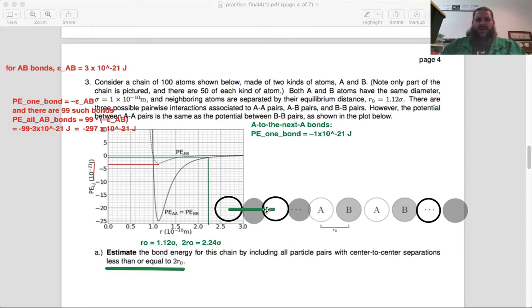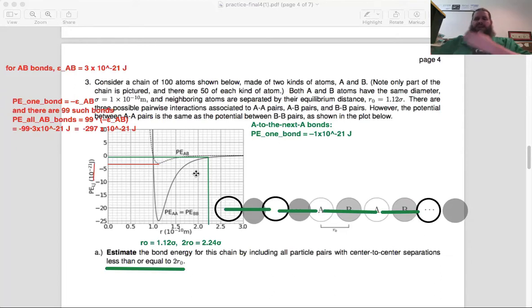So if we're talking about the links from an A atom to the next A atom, and then from this one to the next, and so on, if we've got 50 A atoms, how many A to A bonds would there be? Yeah, it should be 49.